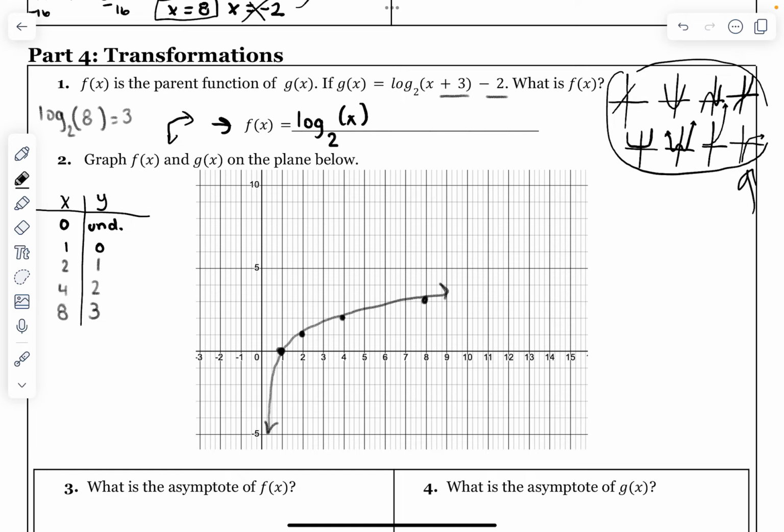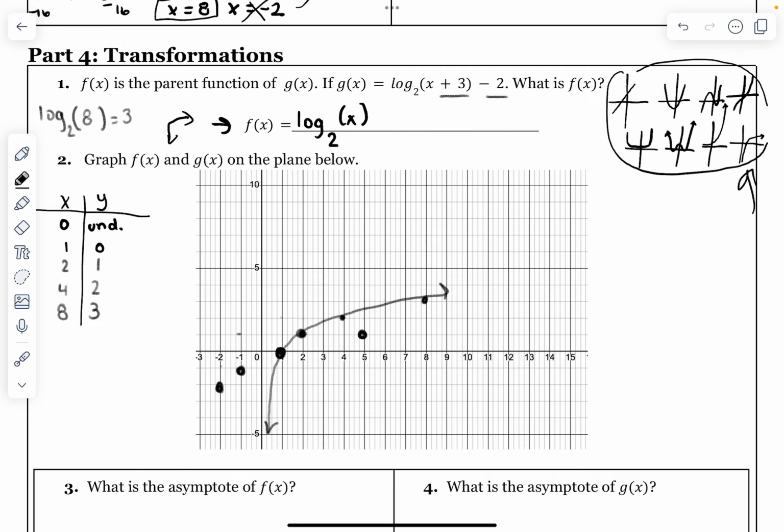We're going to do the same thing for each of the other points: 1, 2, 3, and then 1 and 2 down.